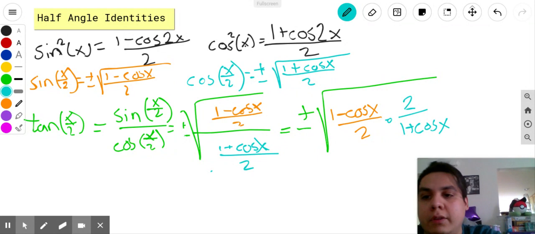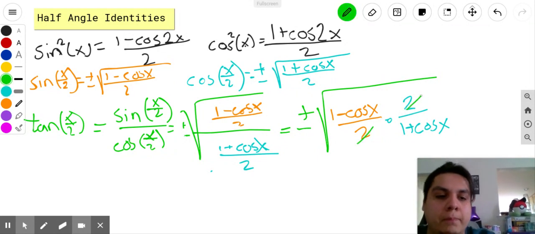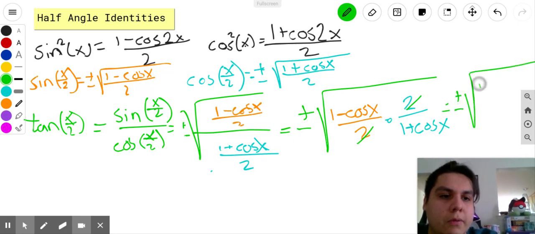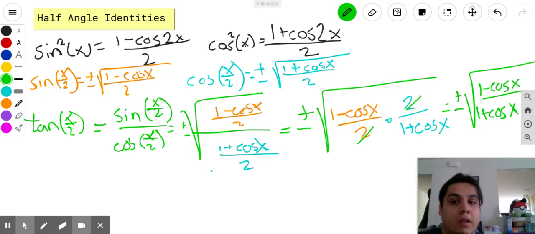And if you multiply those, you should see that the 2's will eventually cancel out. So this is equal to plus or minus the square root of (1 minus cosine of x) divided by (1 plus cosine of x). So there's your half angle identity for tangent.